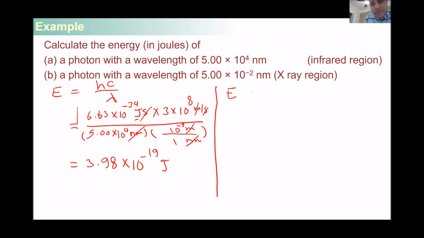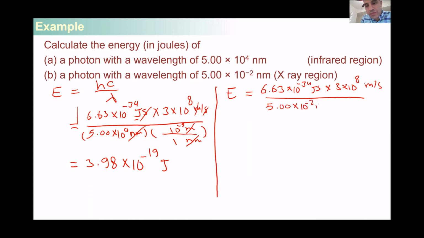It's going to be E equals Planck's constant, which is 6.63 times 10 to the negative 34 joule second, times the speed of light, which is 3 times 10 to the power 8 meter per second, divided by the wavelength after you convert it to meters, which is going to be 5.00 times 10 to the negative 2 nanometers times the conversion factor from nanometer to meter, which is 10 to the negative 9.